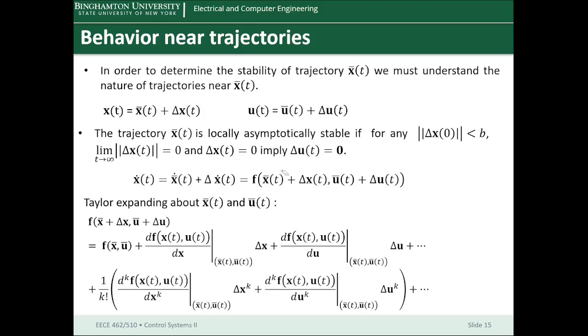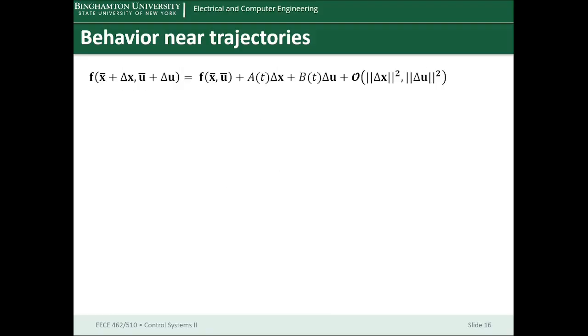If we expand f of x bar plus delta x and u bar plus delta u with a Taylor series, we obtain this equation that contains an infinite series of derivatives of f of x. And we can express that long equation in a more compact form as follows.